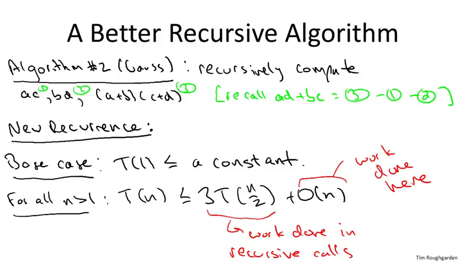So think about what the recurrence would look like for the merge sort algorithm. It would be almost identical to this one, except instead of a 3, we'd have a 2. Right? Merge sort makes 2 recursive calls, each on an array of half the size, and outside of the recursive calls it does linear work, namely for the merge subroutine. We know the running time of merge sort, it's n log n. So Gauss's algorithm is going to be worse, but we don't know by how much.